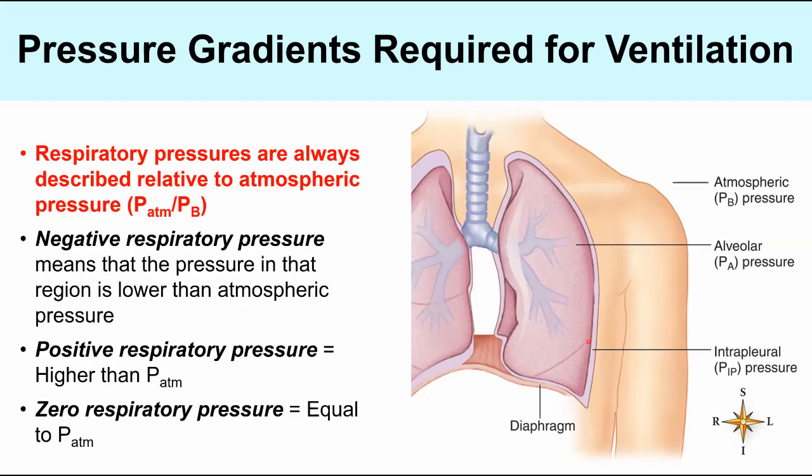The visceral pleura is the layer that lines the surface of the lung, with that space in between that's full of serous fluid. And then finally there's the parietal pleura. Again, the intrapleural pressure is just the pressure in between those two saran wrapping layers. Okay.